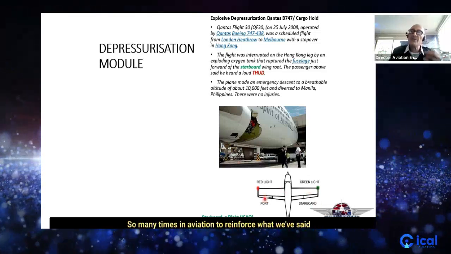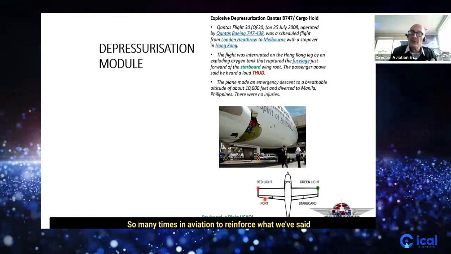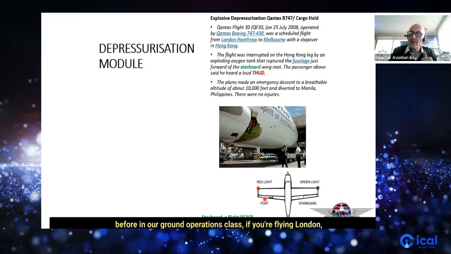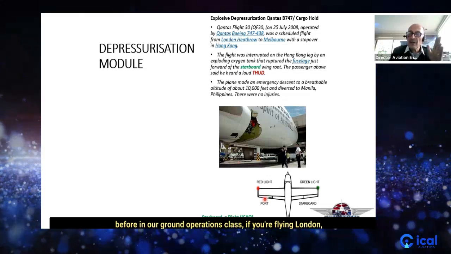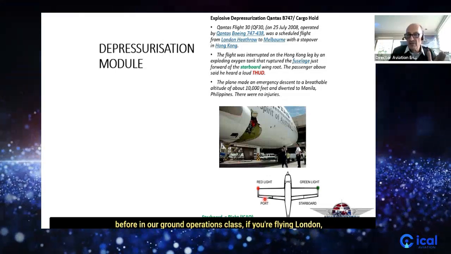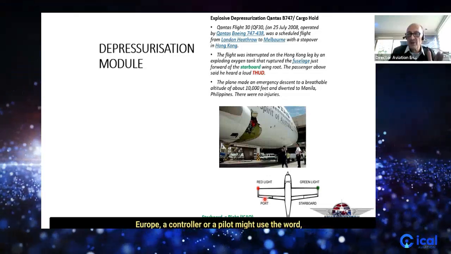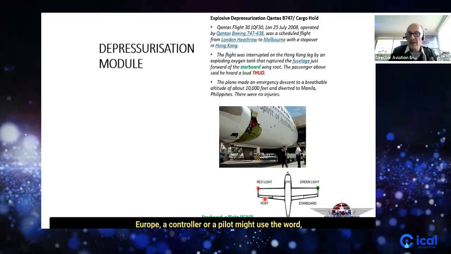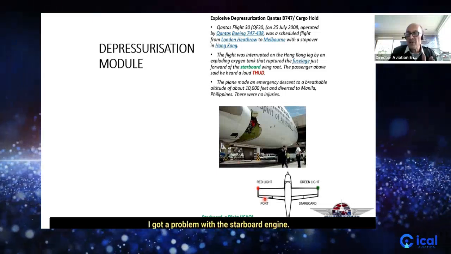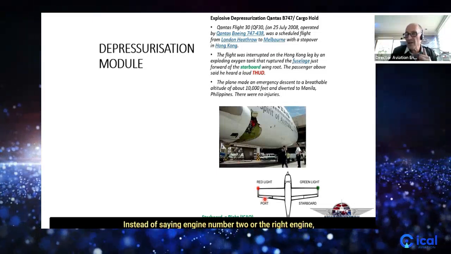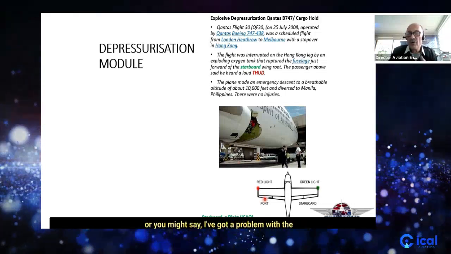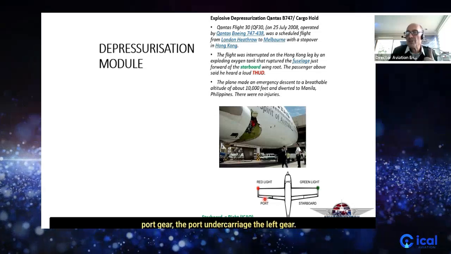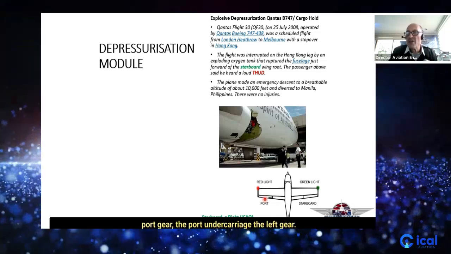So many times in aviation, to reinforce what we've said before in our ground operations class, if you're flying in London, Europe, a controller or a pilot might say, I've got a problem with the starboard engine, instead of saying engine number 2 or the right engine. Or he might say, I've got a problem with the port gear, the port undercarriage, the left gear.